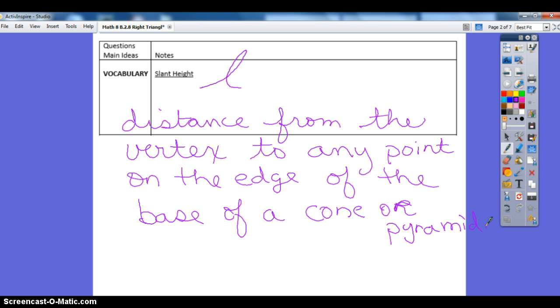The vertex is the point, the pointy part at the top.